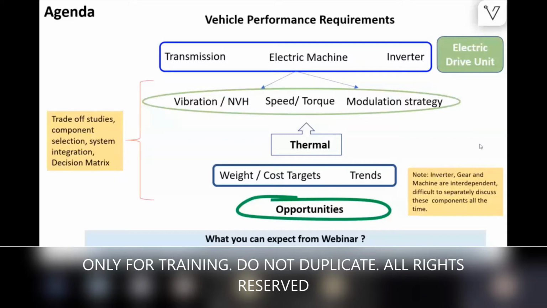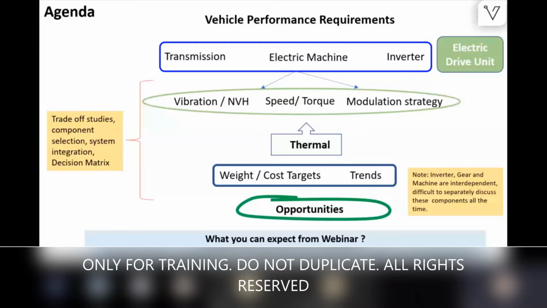What I am trying to do here is put some slides on each component, or share some information on each component like inverter, gear, and machine. But when we talk about one component, there are elements associated with some other component. It is very difficult to isolate one component and just talk about it.